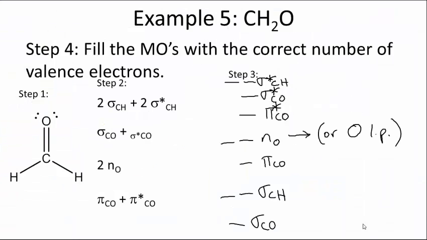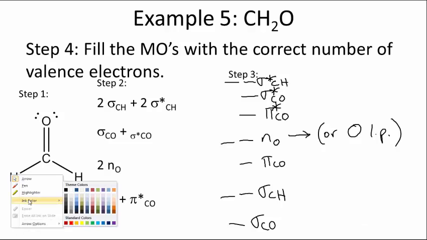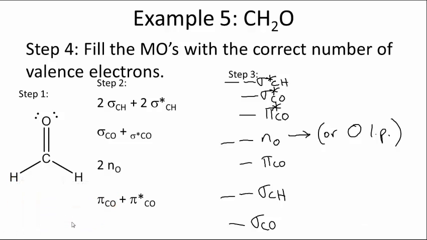All right, so now I'll put my electrons in, and I should have 2, 4, 6, 8, 10, 12 electrons. All right, everything through my lone pairs is filled in. Antibonding are empty. I'm done.